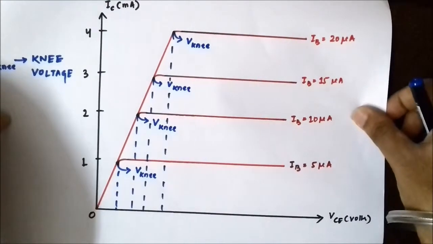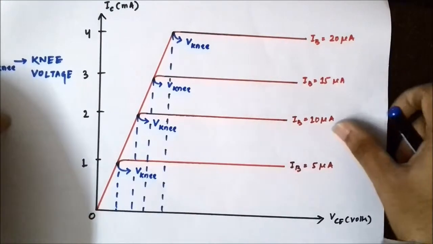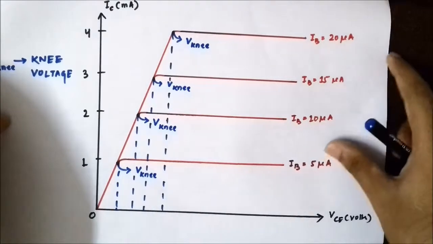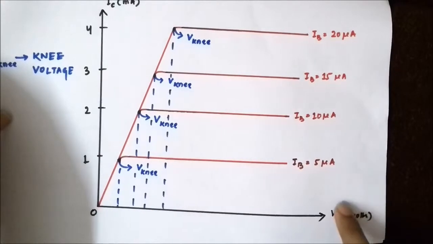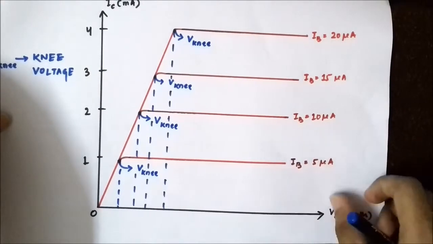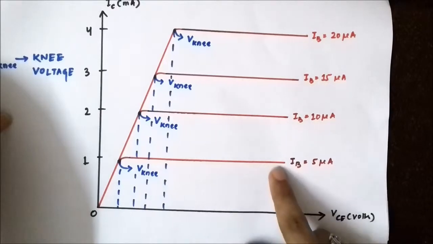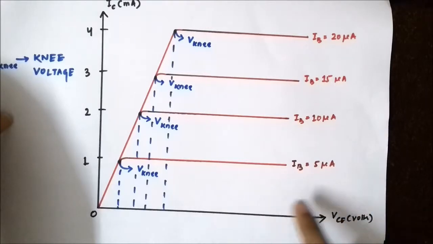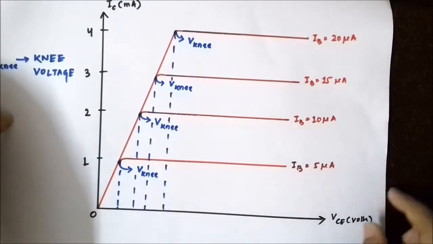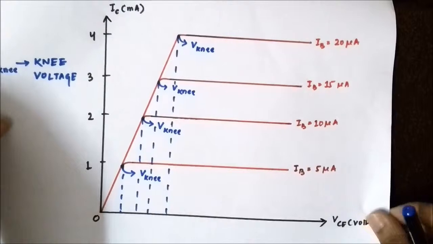We can define the knee voltage as that value of collector emitter voltage beyond which the collector current attains a constant value and becomes independent of the collector emitter voltage, because regardless of how much we increase the collector emitter voltage, the collector current will remain the same.